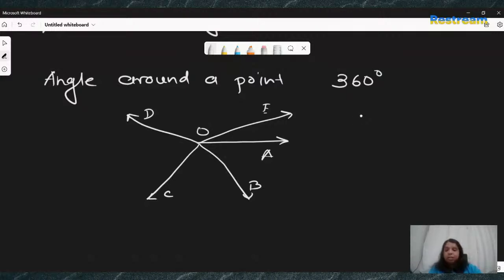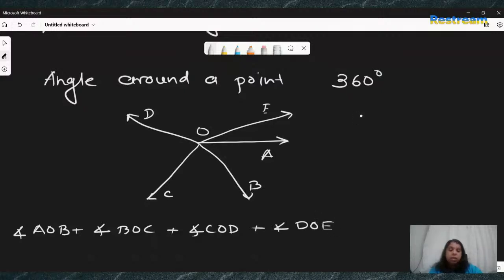So what it states is angle AOB plus angle BOC plus angle COD plus angle DOE plus angle EOA all make up 360 degrees.